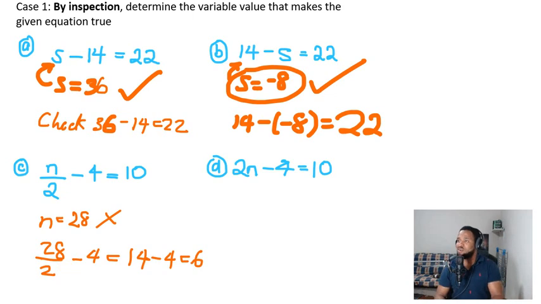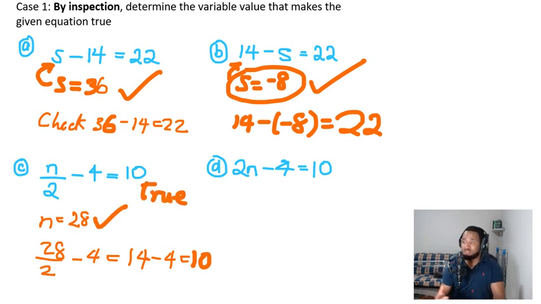So yes, we figured out what the number is: n is equal to 28 as your final answer in order for this equation to be true.